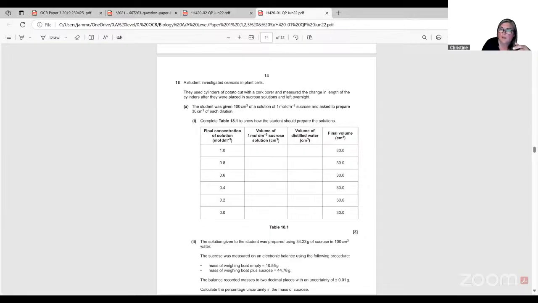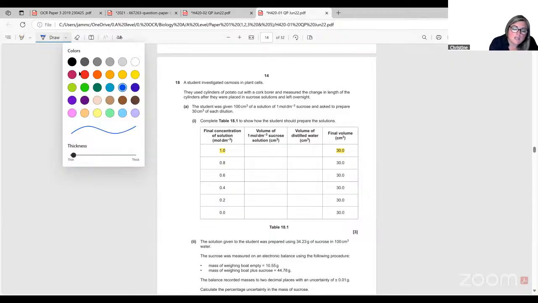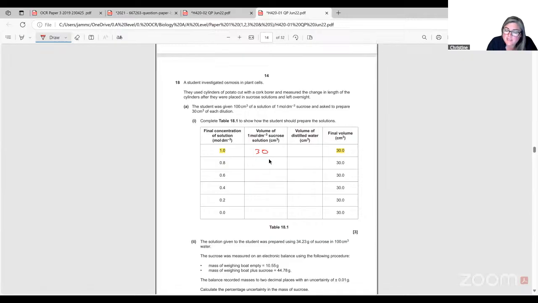So what's really interesting about this type of question is they are saying to you, you have got a volume of 30 centimeters cubed. You are starting with 1 mole per decimeter cubed. So if I want 1 mole per decimeter cubed, I am going to put in the first one 30 centimeters cubed of my 1 mole per decimeter cubed sucrose solution, and therefore I need to add 0 of distilled water.